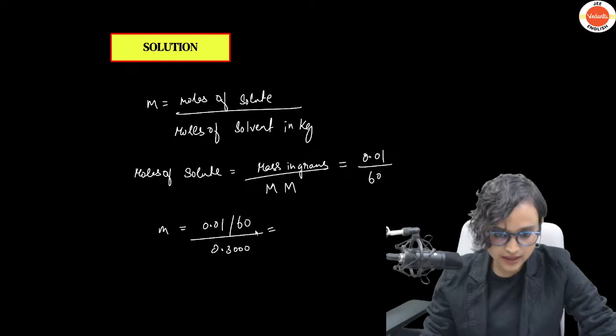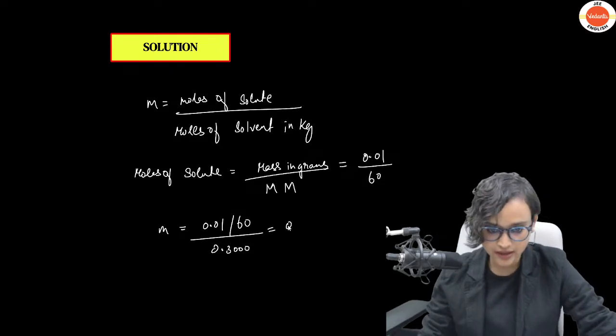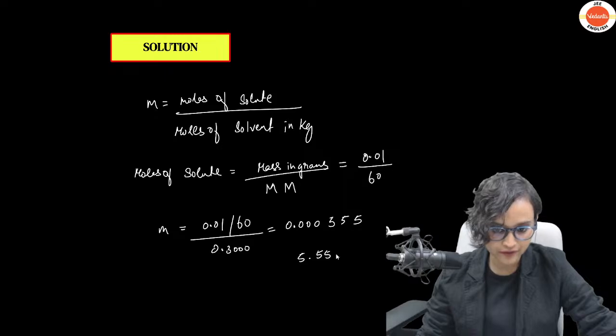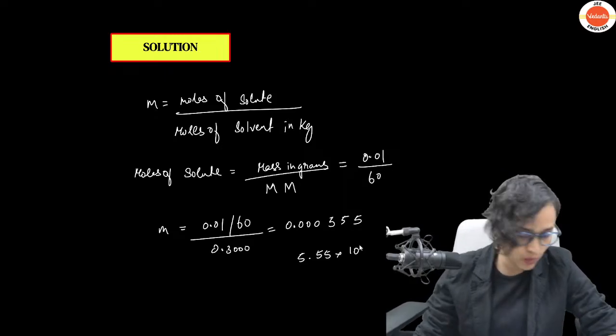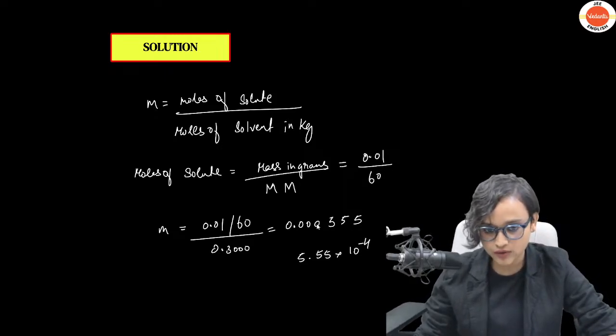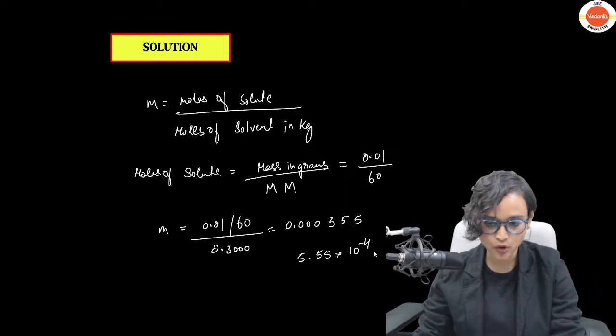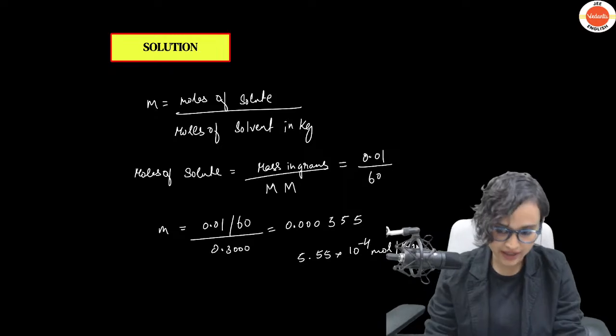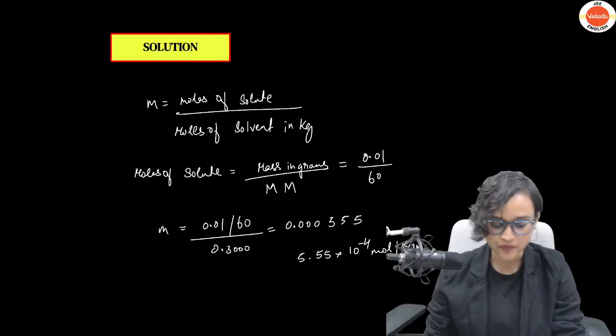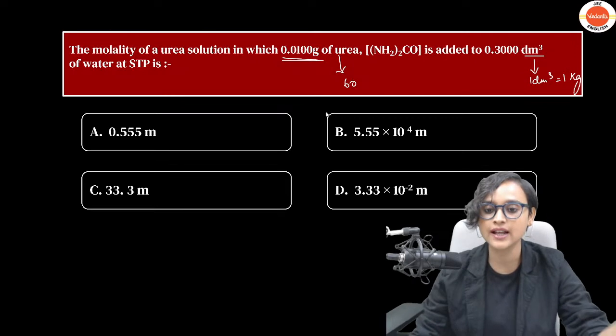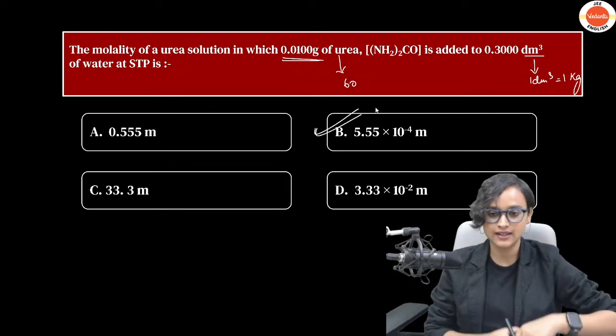It is 0.000555. So I can also write it as 5.55 into 10 to the power minus 4, because 1, 2, 3, 4, minus 4, mole per kg. Am I right, guys? Can I write it like this? That means that option B is the correct answer.